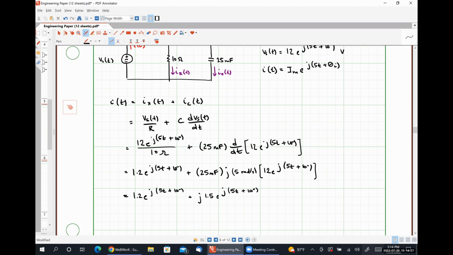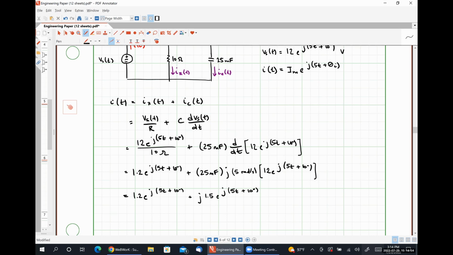And now what I'm going to do is explain to you what it means to multiply by a factor of j. But I just want to make sure that my math here is correct before we go charging along. So 12 over 10, that makes sense. C times the derivative.